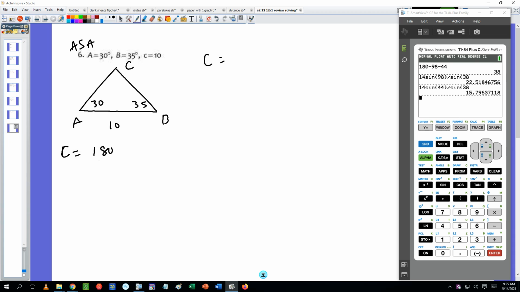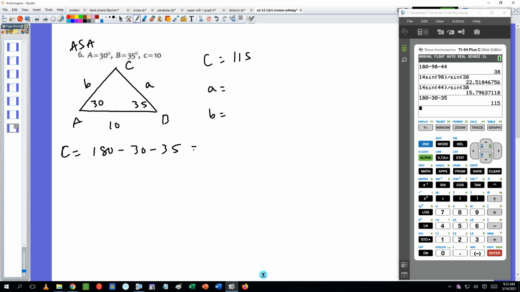C is equal to 180 minus the 30 and minus the 35. What's that? 65, what, 115? 180 minus 30 minus 35. And we're going to find side A and side B.